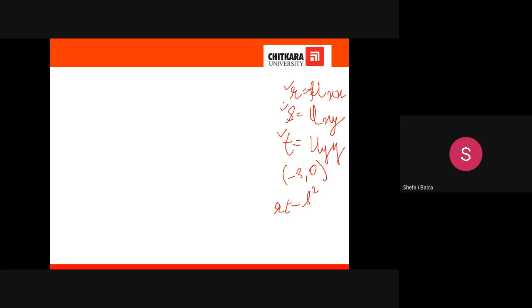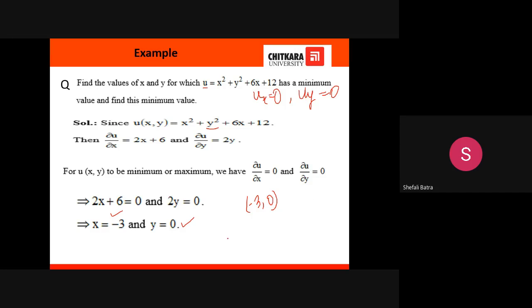Now hurry up, find R. R is UXX. UX you have already evaluated. So what will be the UXX? 2. You will be differentiating this again with respect to x, so that would be 2. So UXX at point minus 3 comma 0 will remain as it is, 2.